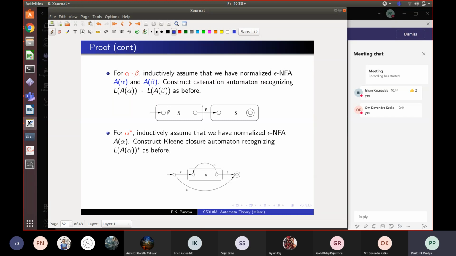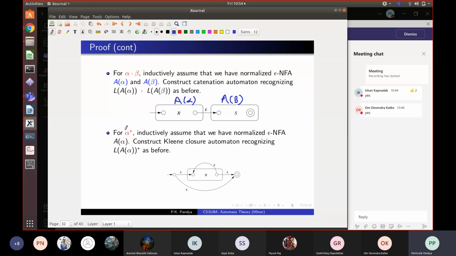We showed that regular languages are closed under catenation by doing this construction. So you first have the automaton for A of alpha, then do an epsilon transition after accepting, and then go to A of beta. And this will give you exactly the language of A of alpha followed by the language of A of beta as before. And similarly for alpha star, we have this construction. This construction we had already seen.